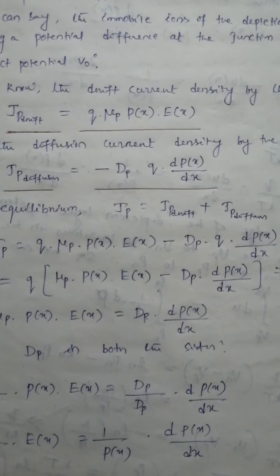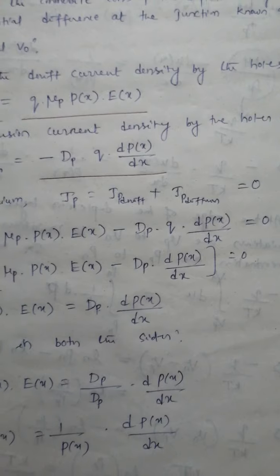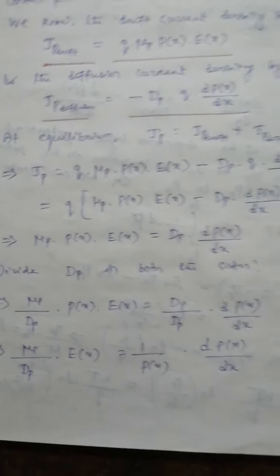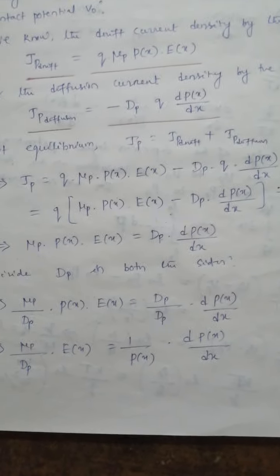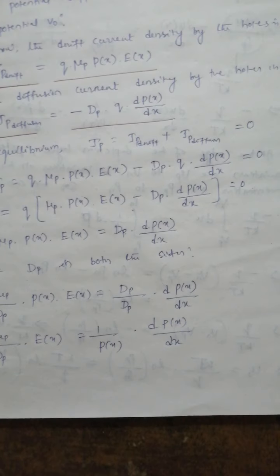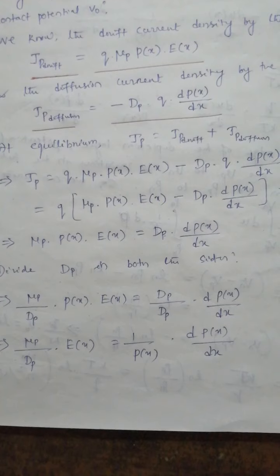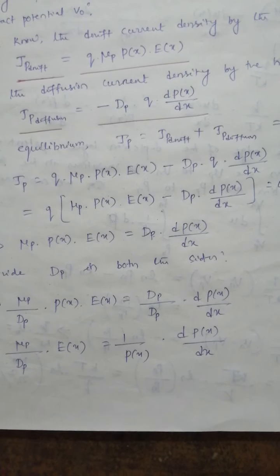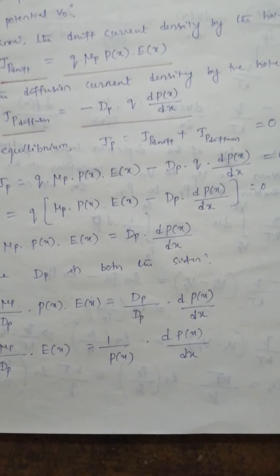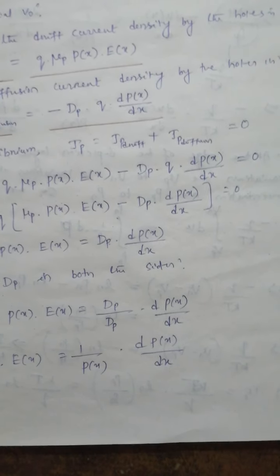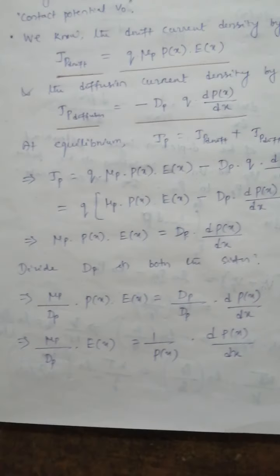J_P equal to J_P drift plus J_P diffusion equal to 0. I will put the values and conduct the derivation here. Then J_P equal to q mu_P P(x) E(x) minus q dP(x) divided by dx equal to 0, and so on.